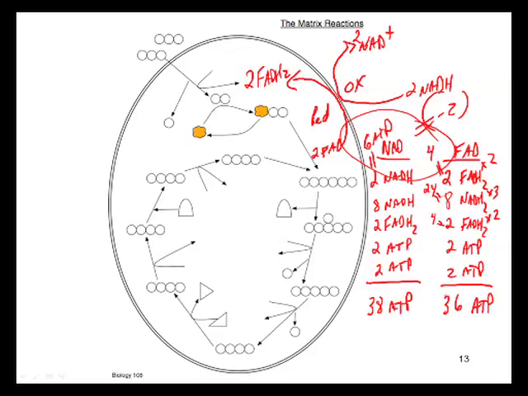Now when we look at these numbers, 36 to 38 ATP, about how efficient are these processes to get us these numbers? What did I say about that? About 40% efficient. In other words, of all the energy contained within a single glucose molecule, 36 to 38 ATP is roughly 40% of the total energy potential.